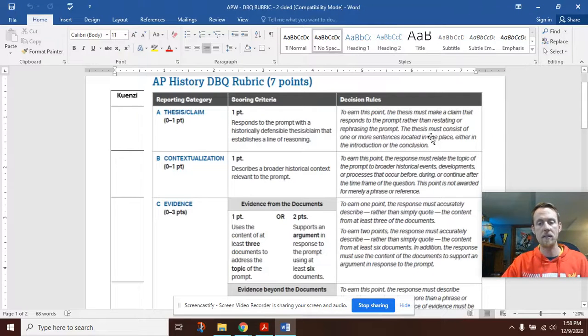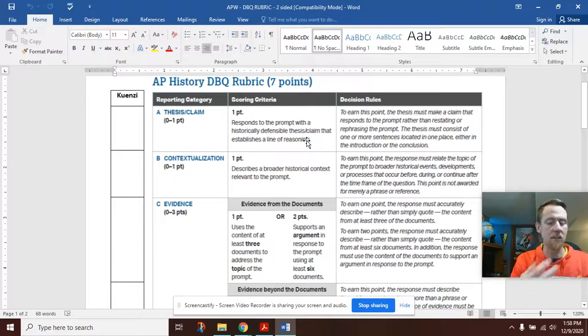Now, this will happen, hopefully, at the end of your introductory paragraph. Now, there's a couple things to note about the thesis. The thesis is quite an important driving statement in your essay. And so because of that, notice what it says here. It doesn't just respond to the prompt, but it gives a historically defensible claim that establishes lines of reasoning.